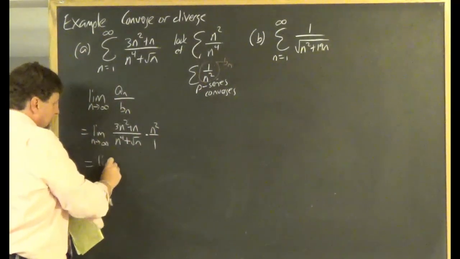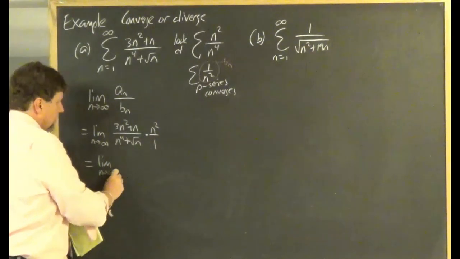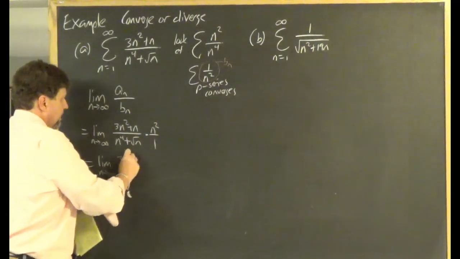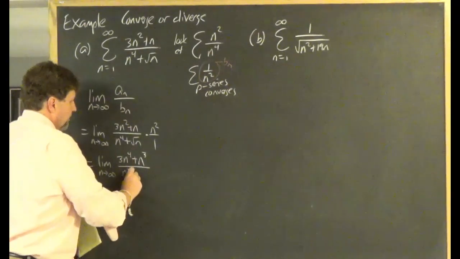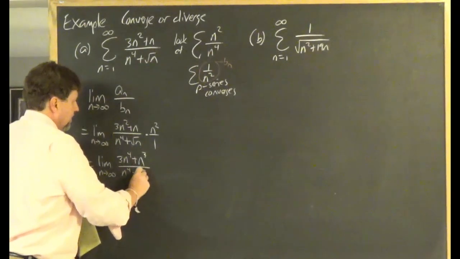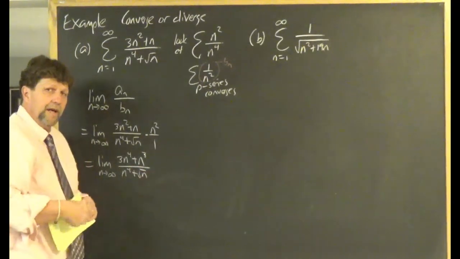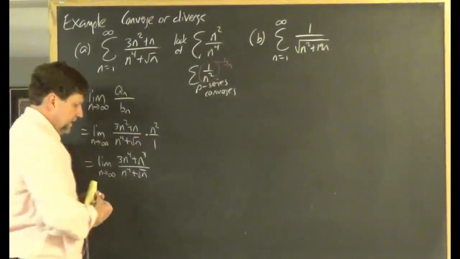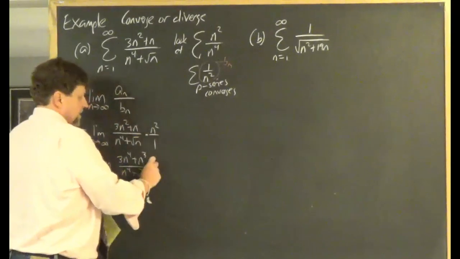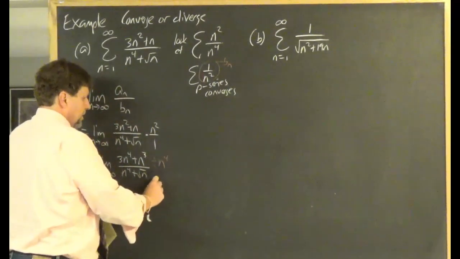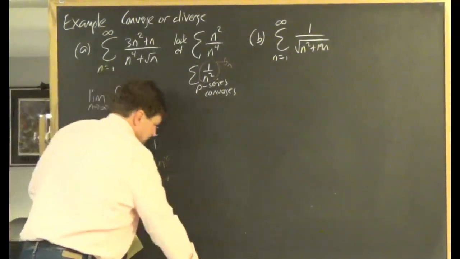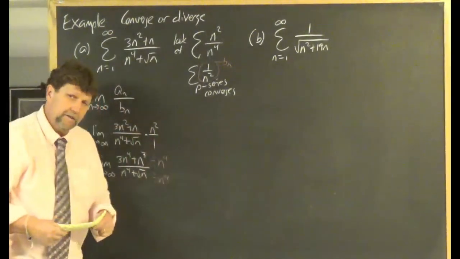So now we have the limit as n goes to infinity of 3n to the fourth plus n cubed over n to the fourth plus square root n. And you know how to find this limit. You divide everything in the numerator by n to the fourth and everything in the denominator by n to the fourth.